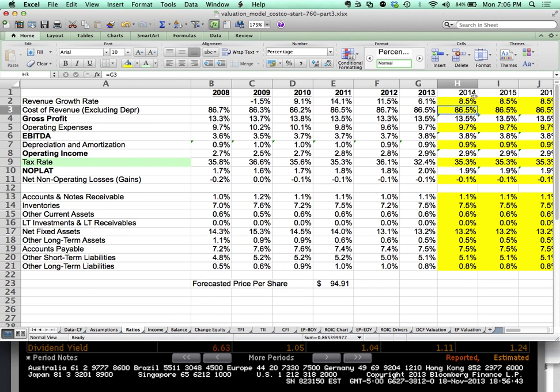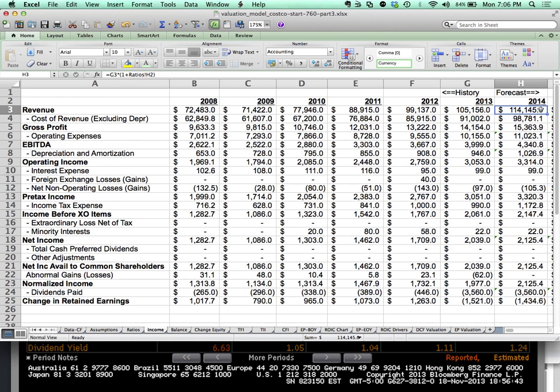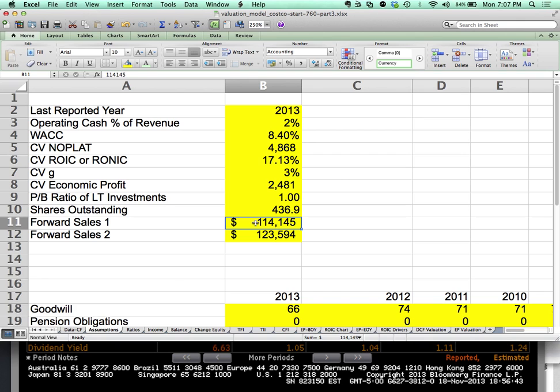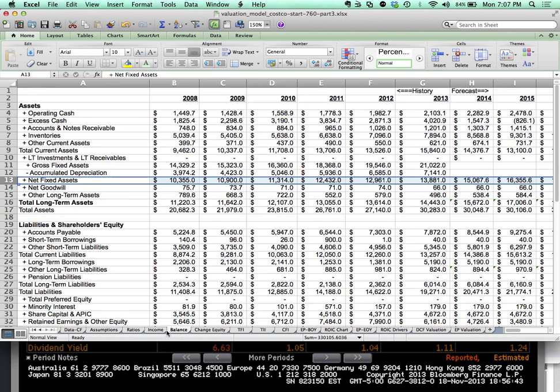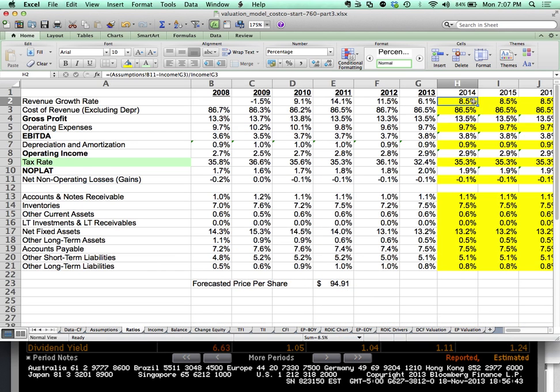A little over 8.5%. So that gets me to 114,145, which matches the 114,145. Right? So I basically just solve for it. Current year minus previous year, that result divided by previous year is percentage change. Right? So basically around 8.5% gets me to the revenue target.